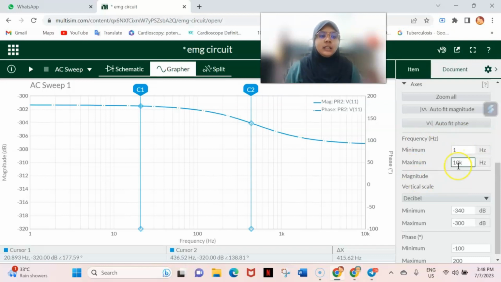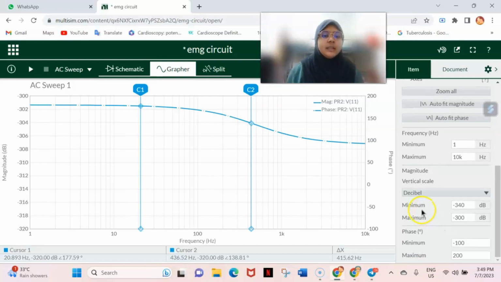For the maximum frequency that we choose, it goes until 10K, and for the minimum and maximum decibel, the minimum is negative 340 and 40 dB, and the maximum is negative 300. Otherwise, its phase minimum is negative 100 and maximum is positive 200.